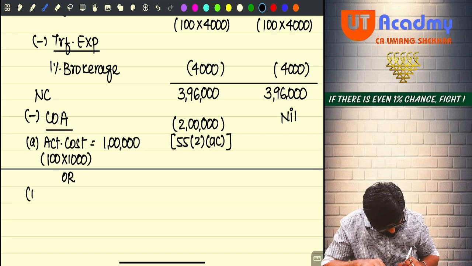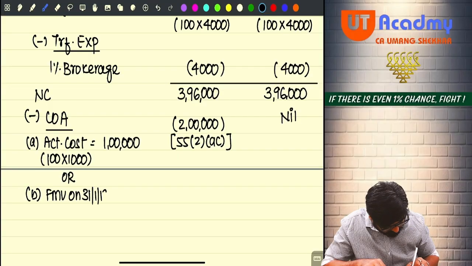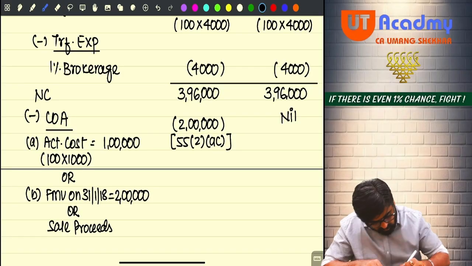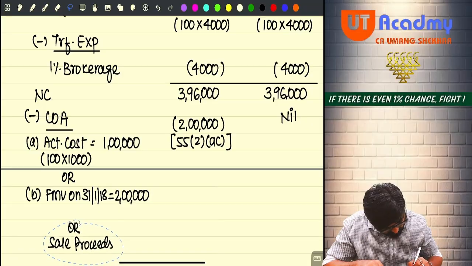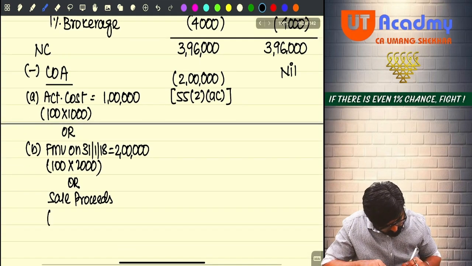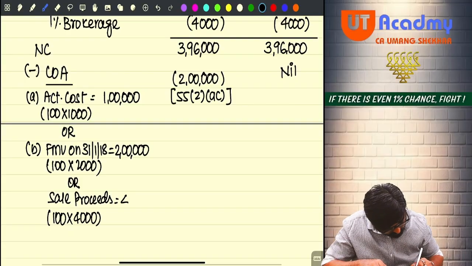Or B, fair market value on 31st January 18, which was 2 lakhs. Or sale price, sale proceeds. How did I get this 2 lakh? 100 into 2000. And sale proceeds is 100 into 4000 is 4 lakhs.